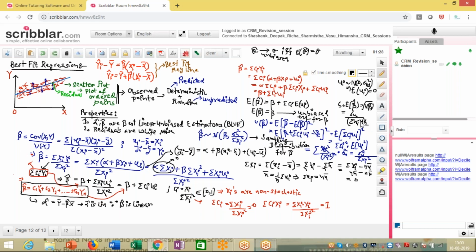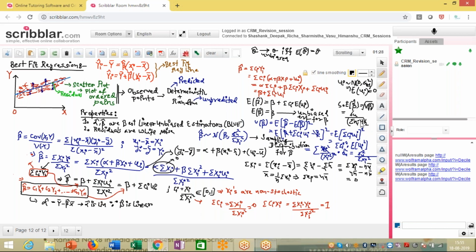Now the next thing that we saw over there was that there's a relationship between the beta hat, beta, the ci's and the ui's, where the ci's are nothing but constants created as a ratio of xi by summation xi squared, the non-stochastic xi's. From there, the next part that we come to is that the expected value of beta hat is an unbiased estimator for beta.